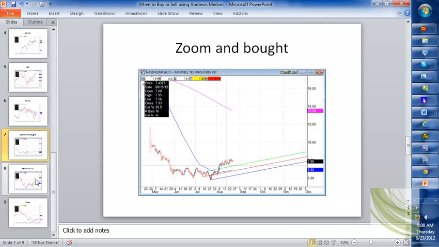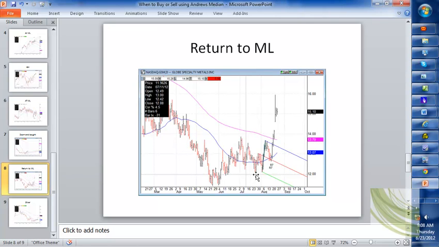And what we did was when prices went up here, we got out and took the funds and bought this one here, and notice that prices went down to the ML, and since this one was rated R7, we know this one's got a good strong move ahead of it.